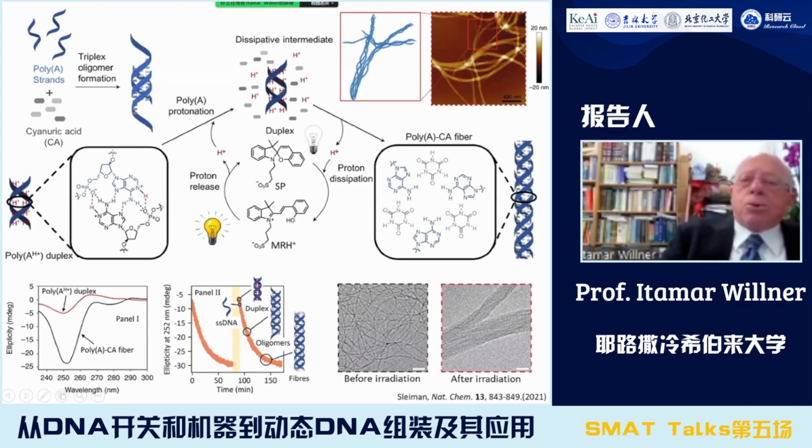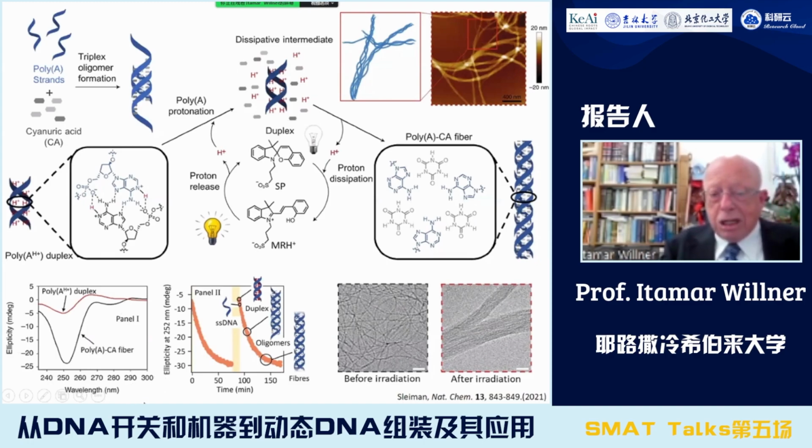Now, the protonated polyadenine shows a certain circular dichroism spectrum. The fibers have a different one, so we can follow the dynamics of dissociation of the fibers into the polyadenine and their dissipative reformation using circular dichroism.